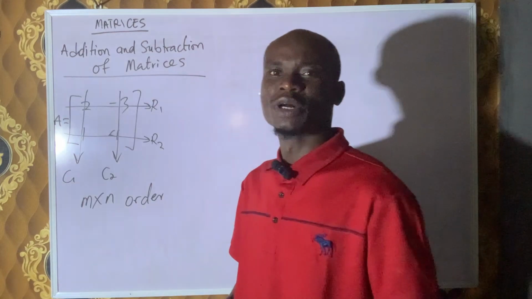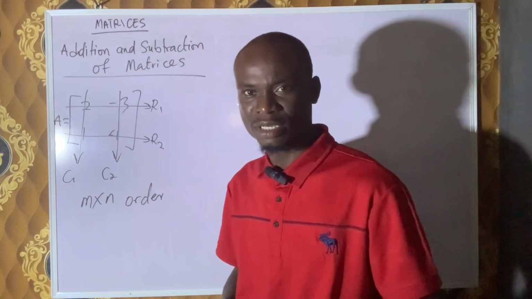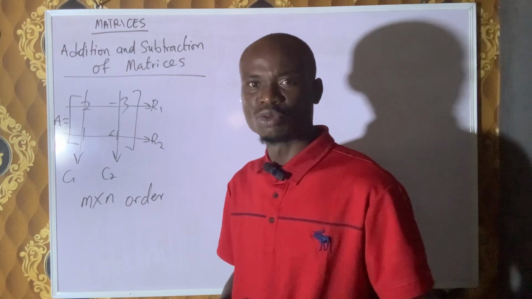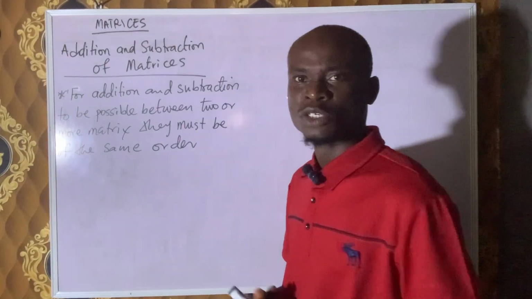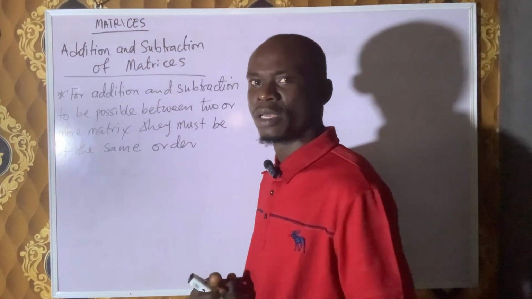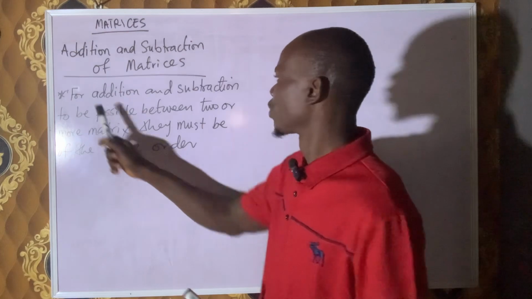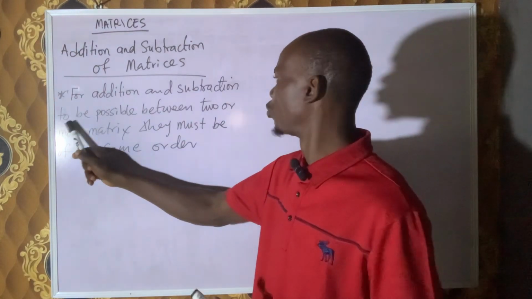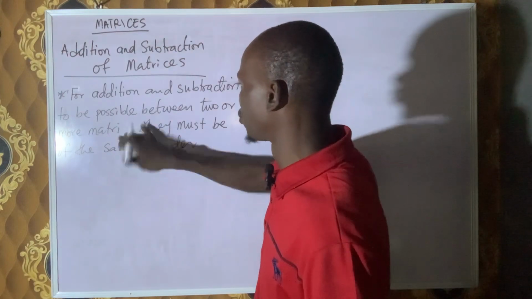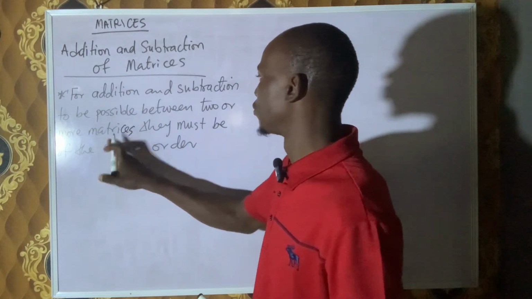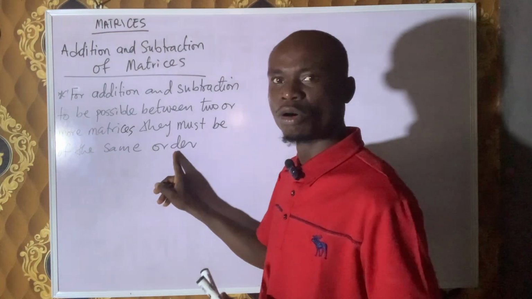So what we want to achieve today is to see how we can add matrices. A few things you need to have in mind when you are adding matrices. To be able to add two matrices, this condition must be met. The condition for addition and subtraction to be possible between two or more matrices is that they must be of the same order.